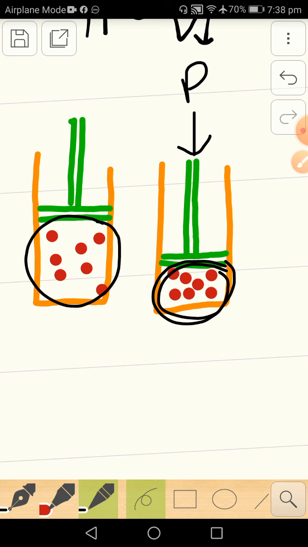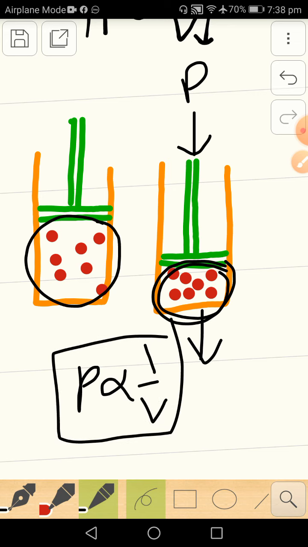Since the particles will collide more often, the rate of reaction would increase, but this is applicable only in the case of gases, because the pressure is inversely proportional to the volume. This is the law for gas.